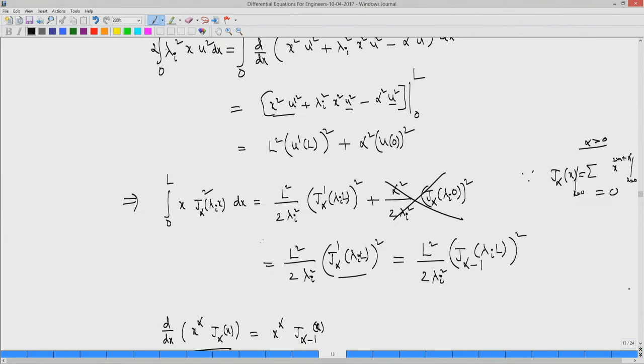That's fine. So, when you are doing this u dash, u dash means d dx of u, u dash of x is d dx of j alpha of lambda I x. This is j alpha dash of lambda I x into lambda I.